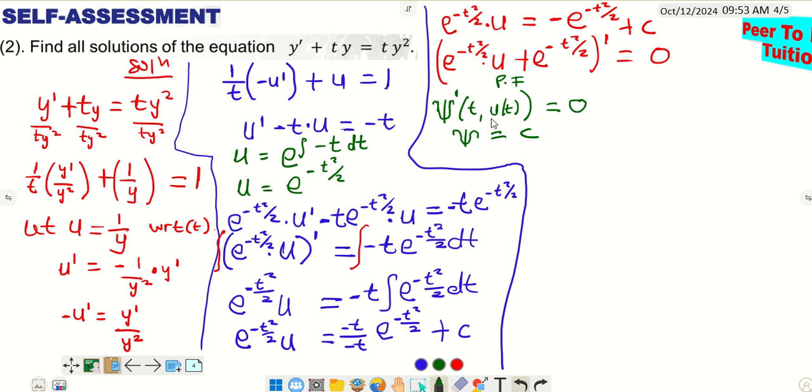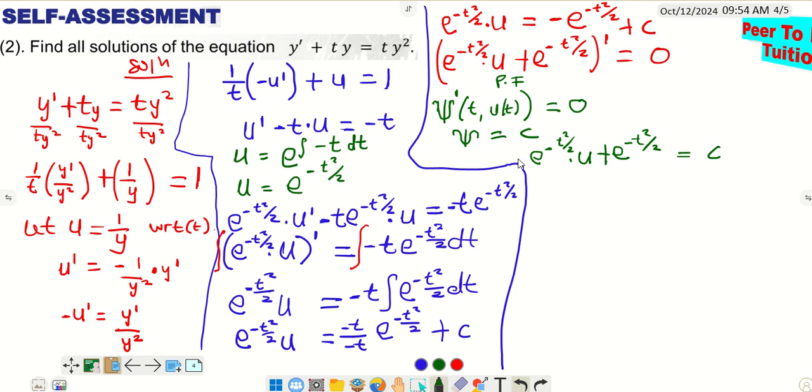Now, the potential function is what is in the bracket, so I can say that e^(-t²/2) multiplied by the u plus e^(-t²/2) should be equal to a constant. That's the potential function is equal to a constant.